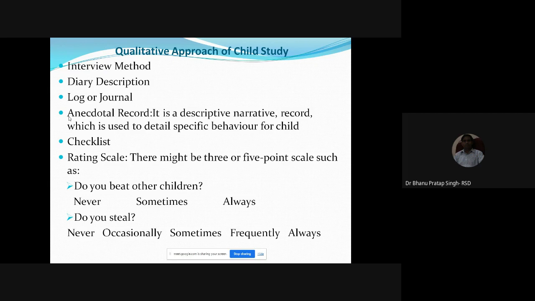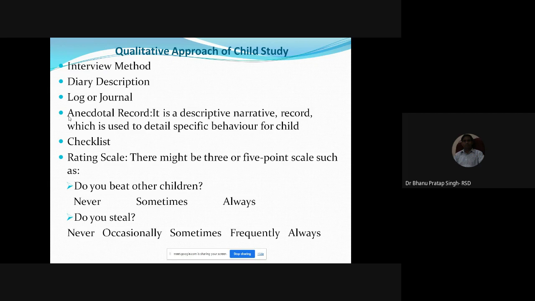You must have seen the logbook or the journals in your schools. We also log important things in the logbook.